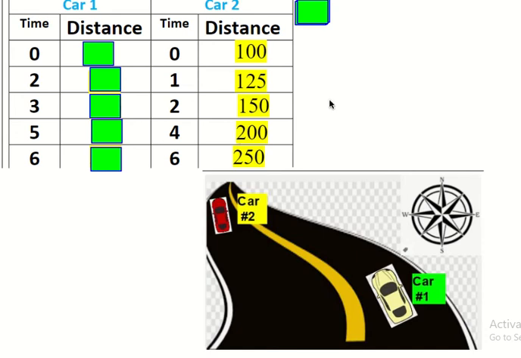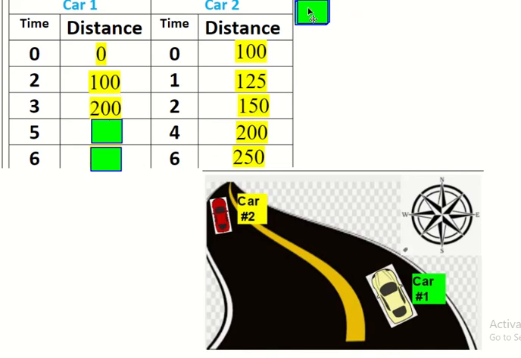Now, when we go to car 1, remember it started, it hadn't gone anywhere in the beginning. The first 2 hours at 50 miles an hour travels 100 miles over the course of 2 hours. Now, next, for another hour, it goes 100 miles just in that hour.